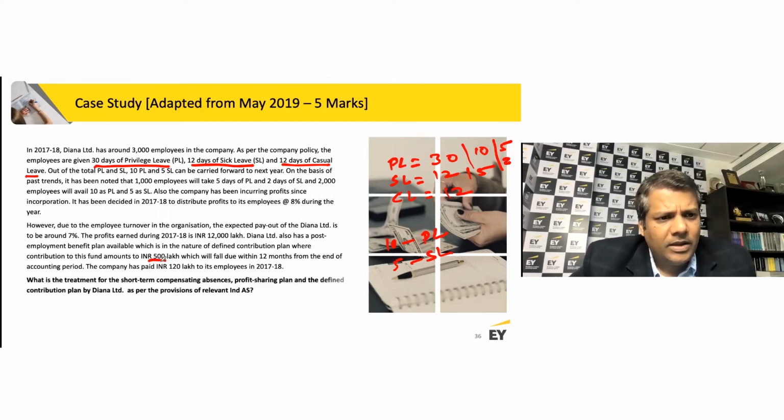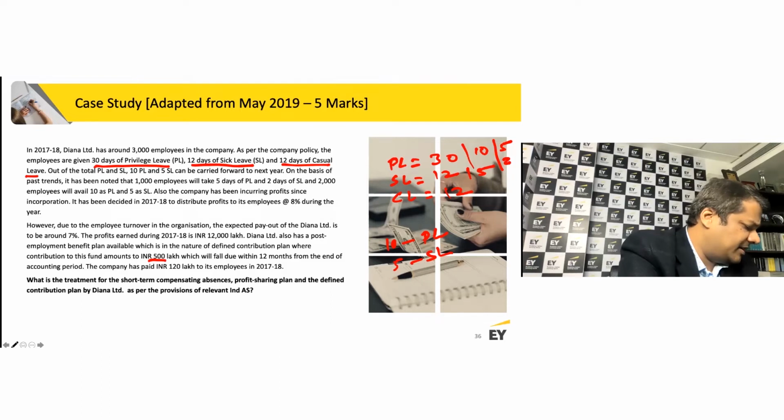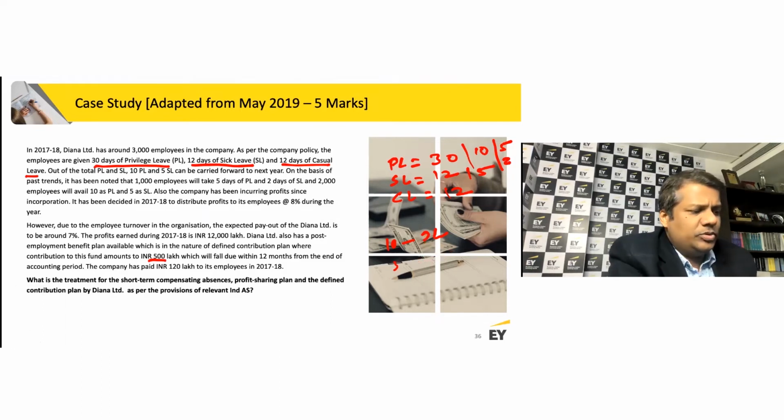What is the treatment for the short-term compensated absences, profit sharing plan, and the defined contribution plan by Diana Limited as per the provisions of the relevant Ind AS? So we have too many questions right here, which we need to look at.